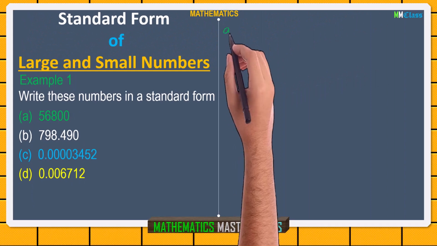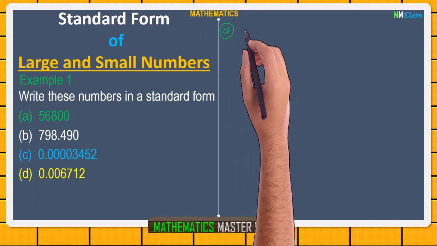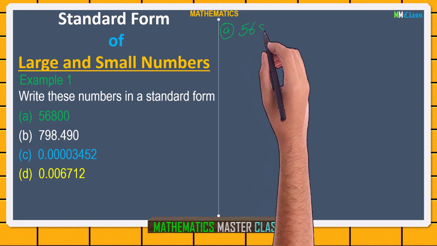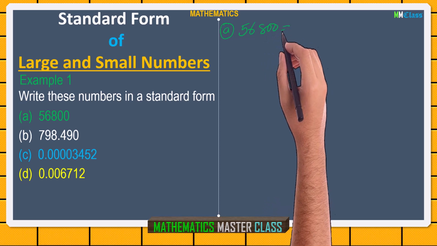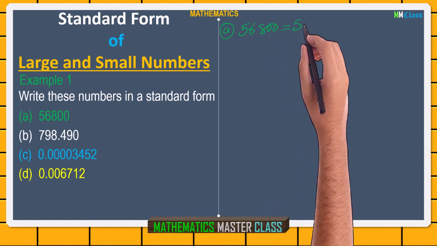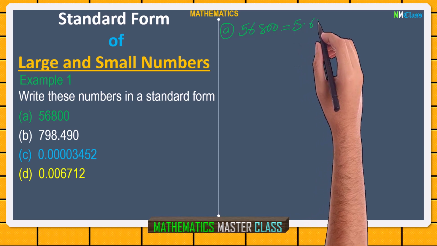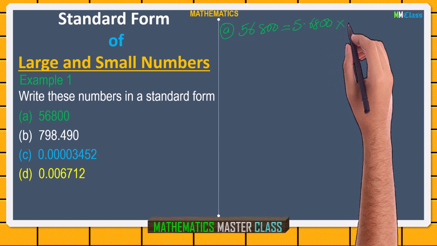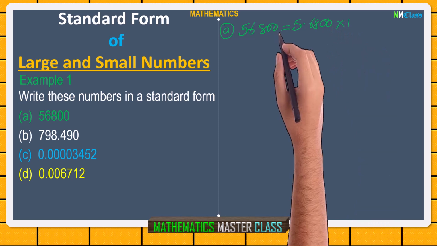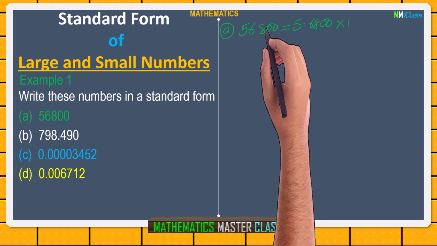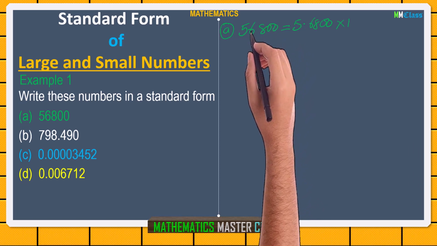So for A, we have 56800, to be written in standard form, it will become 5.6800 times. How many times have we moved the point? Remember, the point is always here. You are moving it how many times? 1, 2, 3, 4.